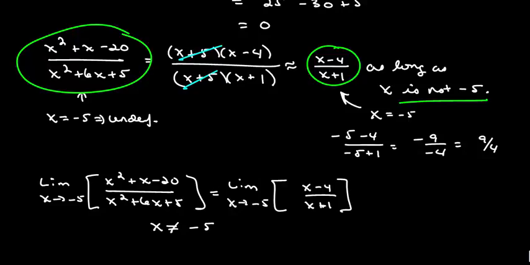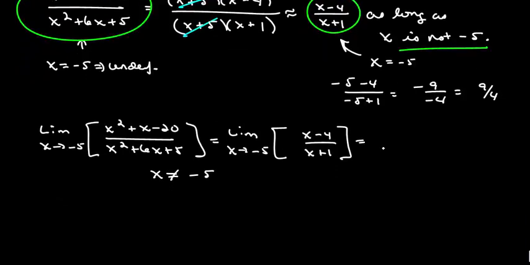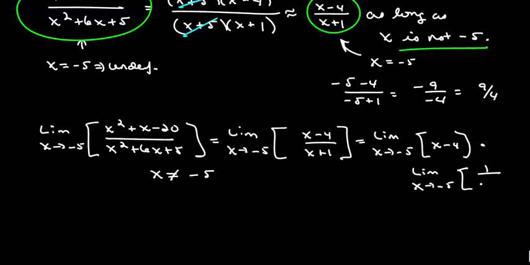So this can be replaced with this, and you write all this down. This is equal to the limit as x approaches negative 5 of x minus 4 times the limit as x approaches negative 5 of 1 over x plus 1.